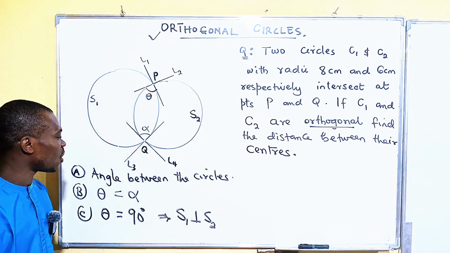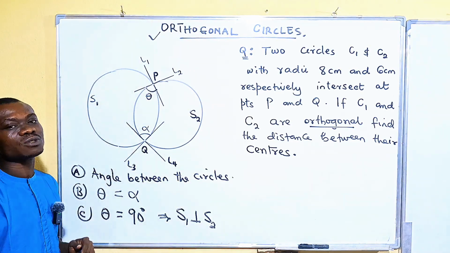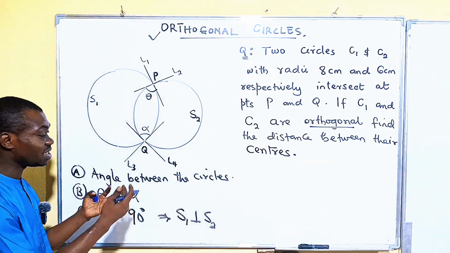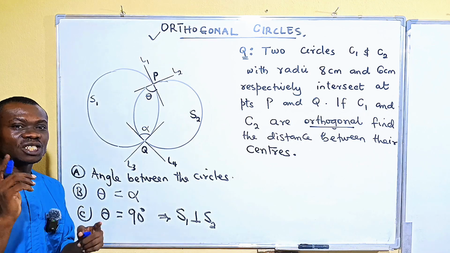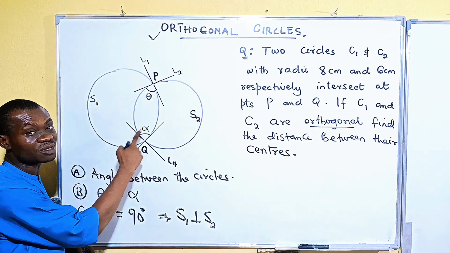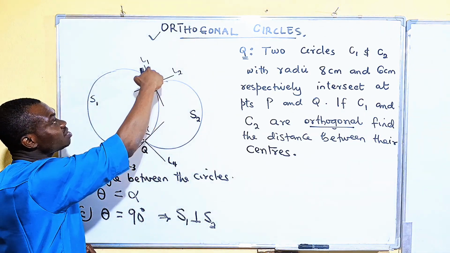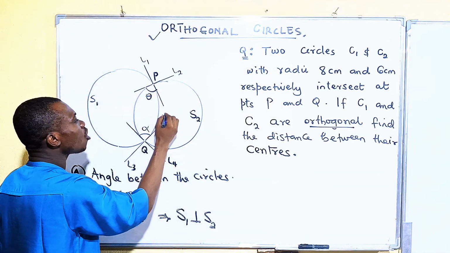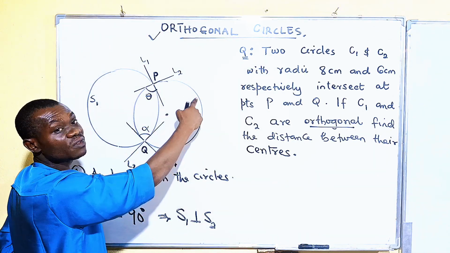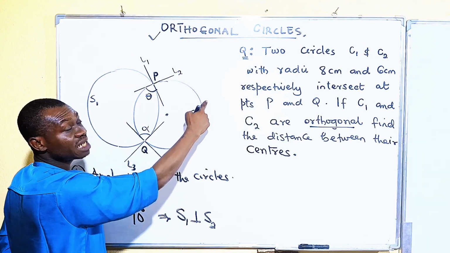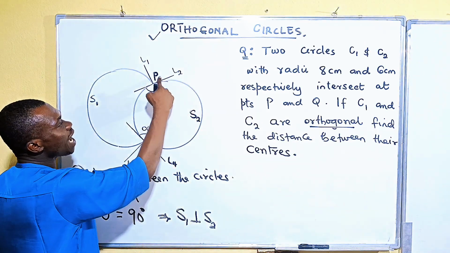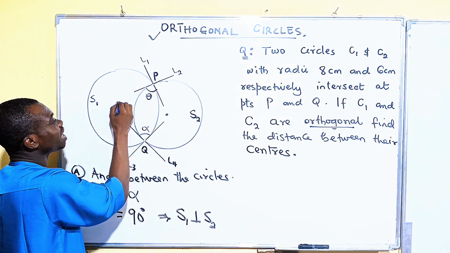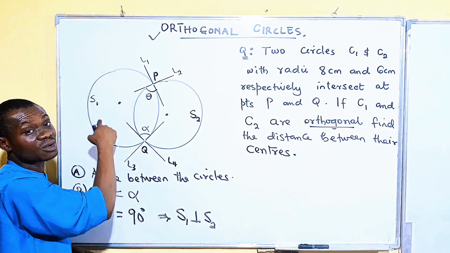But that is not all that you need to know when it comes to orthogonal circles. The other point, which I'm not going to be writing but you can write down, is that when two circles are orthogonal, the tangent to S1 will definitely pass through the center of S2, while the tangent to S2 will pass through the center of the circle S1.